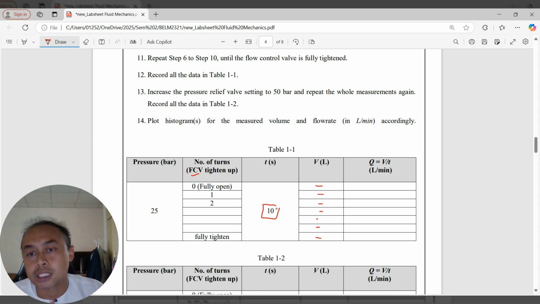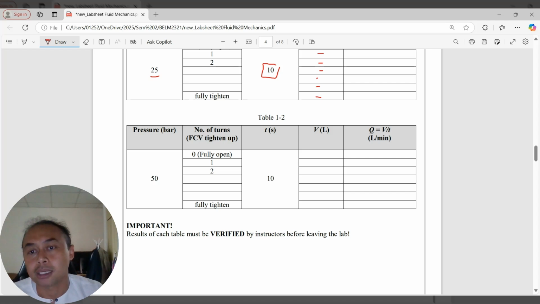For the first round, you set the pressure of the system to 25 bar. Once you are done with this first round, you repeat the same measurement, but you double the pressure to 50 bar. So that's basically task number one.